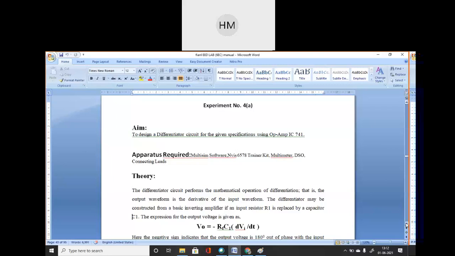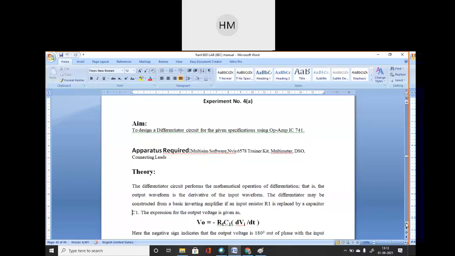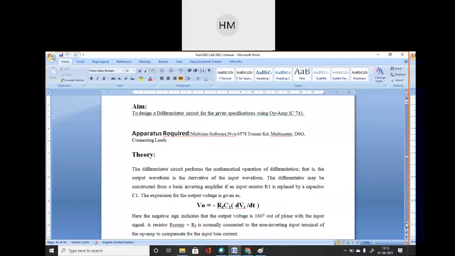But whenever I am connecting the operational amplifier with some external circuitry, I will get this kind of equation: V0 is equal to minus RF C1, which is the constant term, into the differential of the input voltage with respect to time. Here the negative sign indicates that the output voltage is 180 degrees out of phase with the input signal.